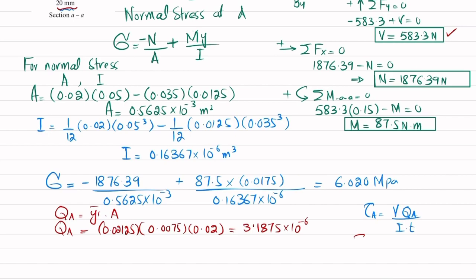So put it in this formula. Shear stress at point A is V. So V is 583.3 into Q_A, 3.1875 × 10^-6, divided by I, which is 0.16367 × 10^-6, and t.